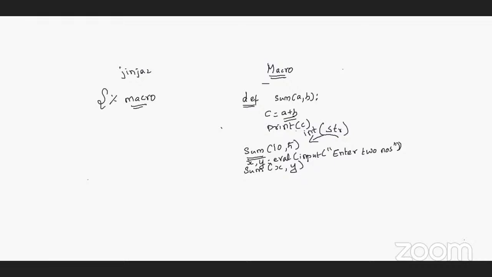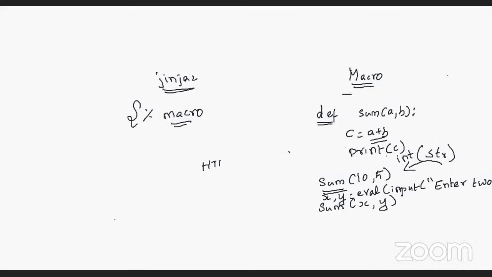Yes, that is Jinja 2 templating. Jinja 2 templating is for when you are executing a Python file; using the templating itself, you can convert it into an HTML file, right? For that only we are using Jinja templating.